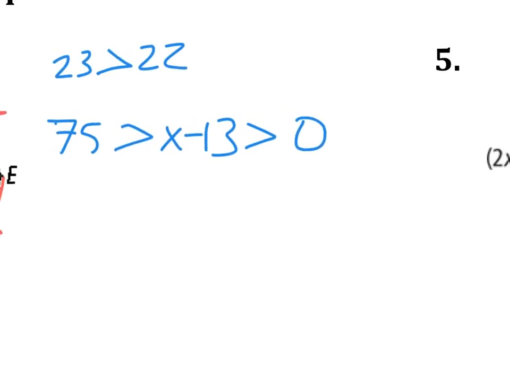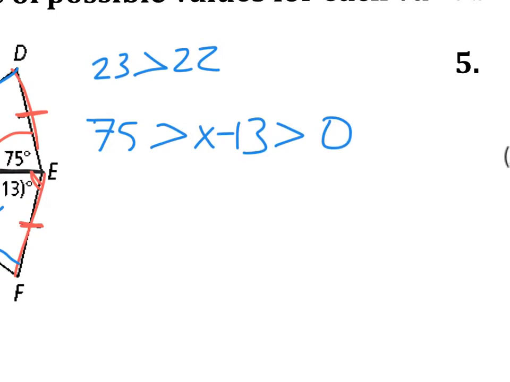Now, if you've seen these compound situations before, remember it's the same as solving an inequality, but instead of having 2 sides, you have 3 sides. So how do I get x by itself? What do I need to get rid of? Go ahead, anyone? Negative 13. Good, so I add the 13 to both sides. Add 13 to both sides.